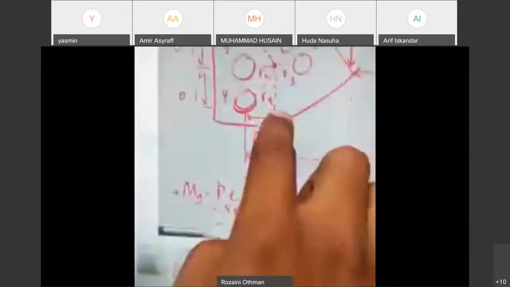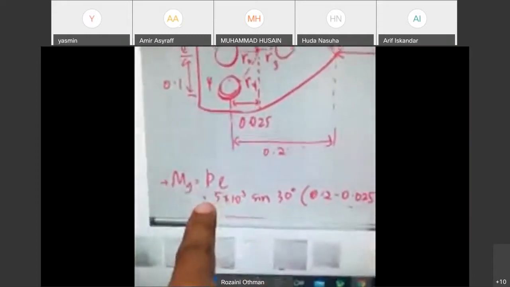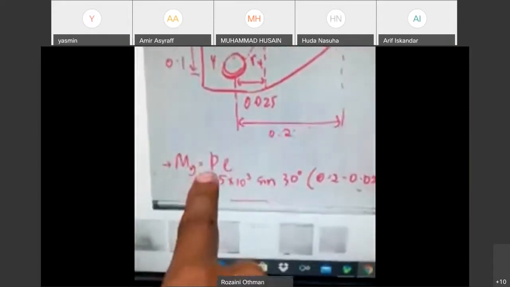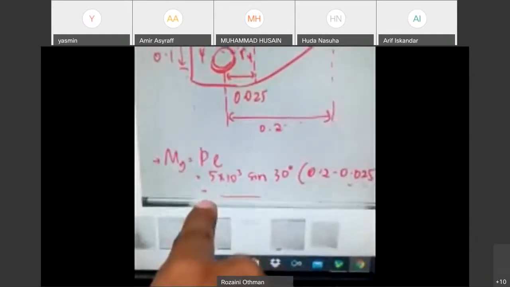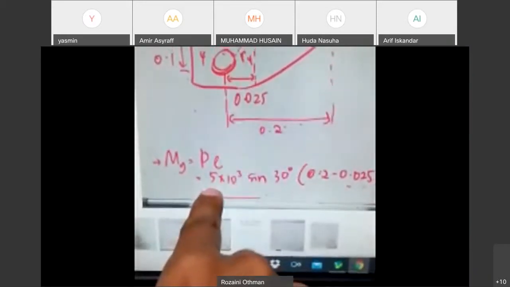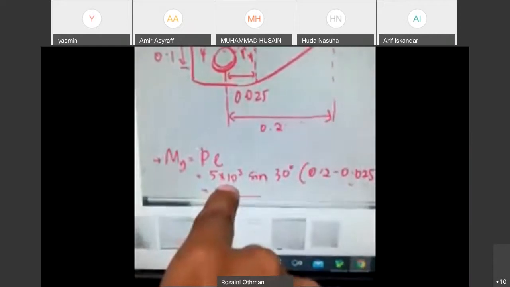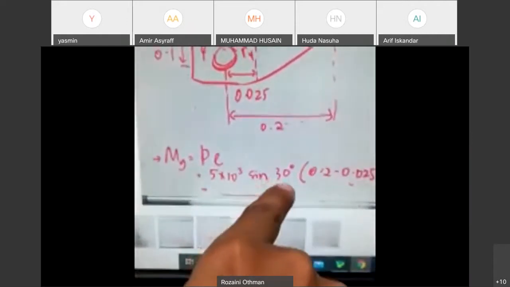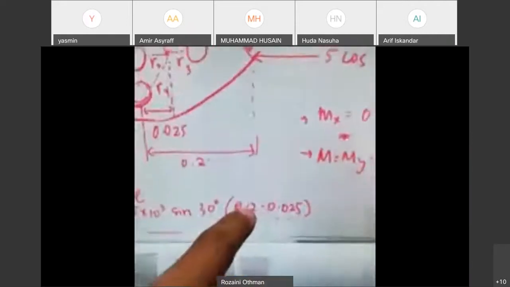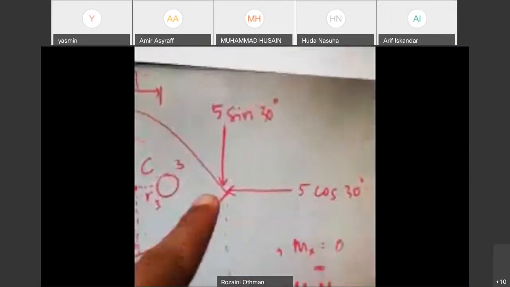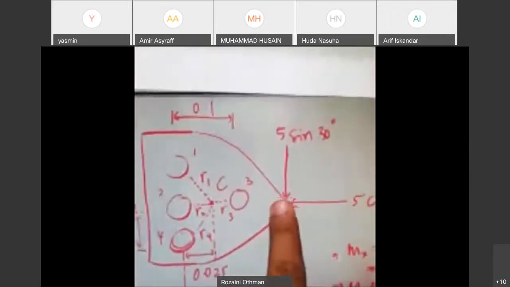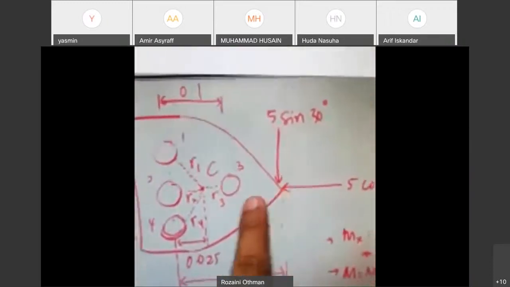The moment due to force Y is given by P times e. P is 5 kilonewton sine 30. And what is e? It is the distance from the point of load to the centroid.